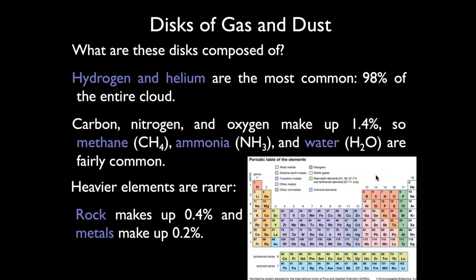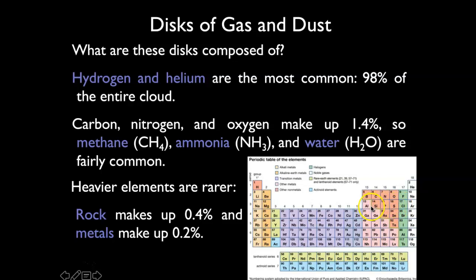The dust is heavier stuff. The dust is made of things like silicon, sulfur, magnesium, calcium, titanium, iron, cobalt, the kinds of stuff that make up rock and metal. So why is it different? Because look at these elements, the iron and the nickel and the calcium and silicon.